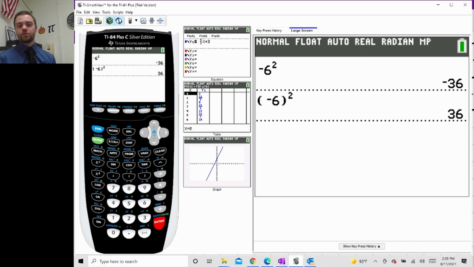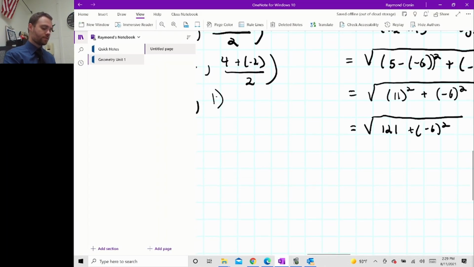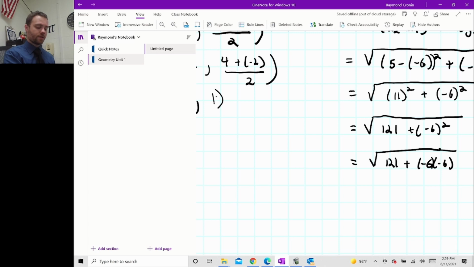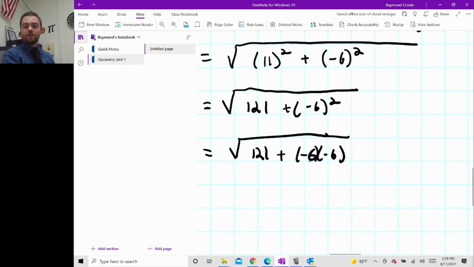That tells the calculator you're squaring the negative 6. Anytime you have an exponent that's modifying something like this, it means multiply it by itself. That's what exponents are. They're repeated multiplication of the same value. So if I'm going to multiply negative 6 by negative 6, let me show what I'm saying. In this calculation, we already did 121 plus negative 6 times negative 6. A negative times a negative is going to be a positive.